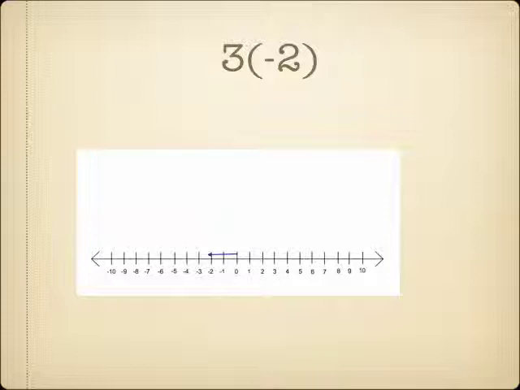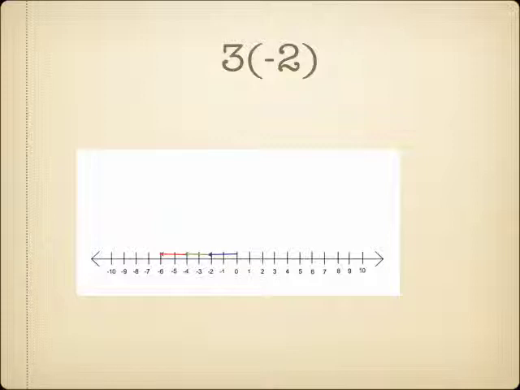Now we put the second set of -2, that would go to -4. Which then, after that, we would put another set to make 3 sets of -2 as our question here. And then, as you see, our final answer is -6.